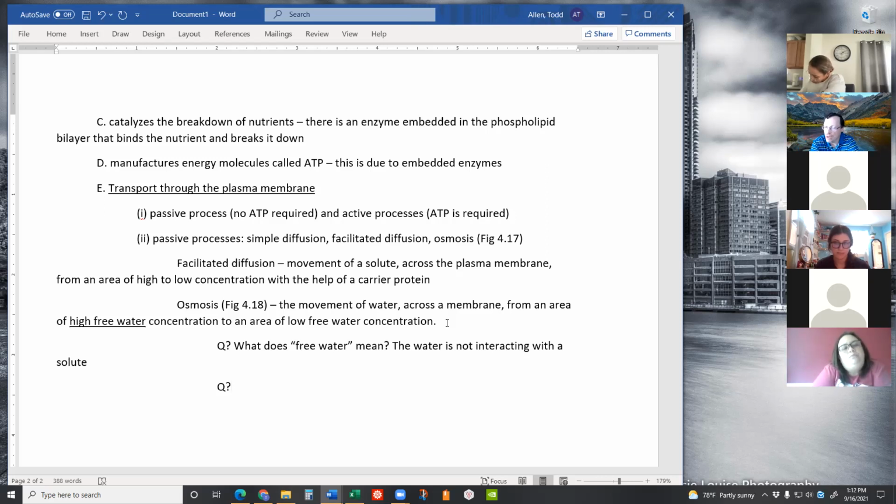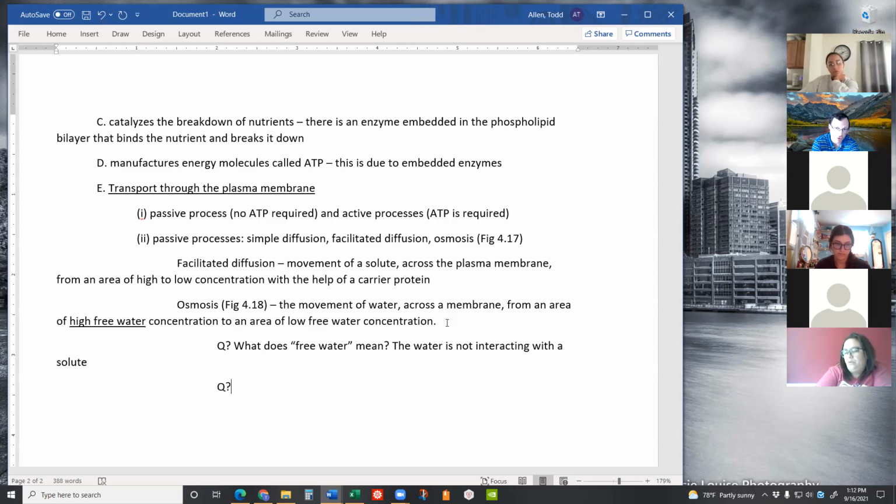Hey, Kit, could you tell us what property of water causes it to interact with most solutes? And the fact that it's polar. Beautiful answer. Thank you so much. You did a great job. Remember, water is a polar molecule, so it has a positive end, the hydrogen atoms, and it has a negative end, the oxygen atom. Because water is polar, it tends to interact with solute.